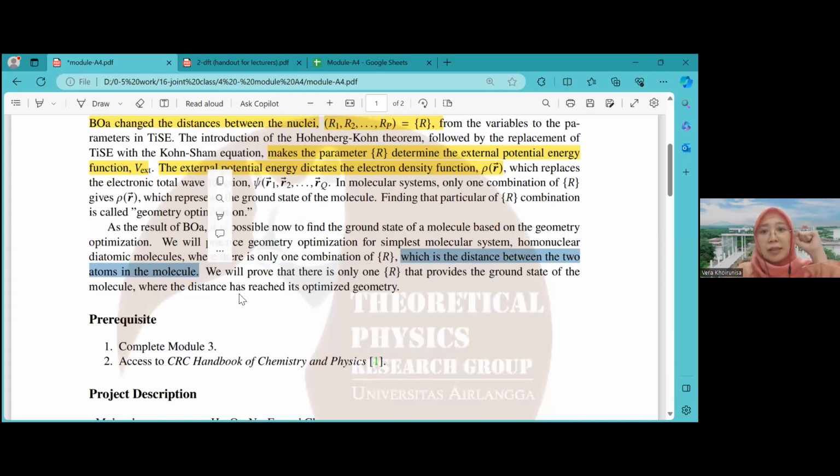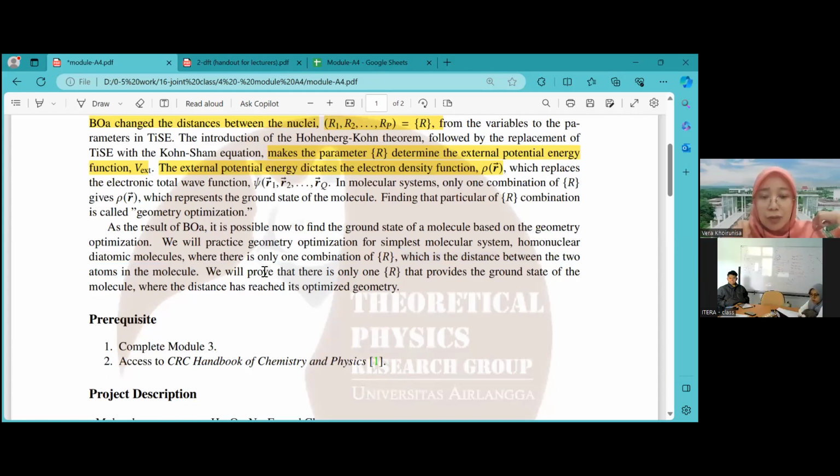So for example, this is a hydrogen atom, and this is hydrogen. So the R will be the distance between the two hydrogen atoms. If this is an oxygen atom, and the second one is an oxygen atom, the R will be the distance between the two oxygen atoms.